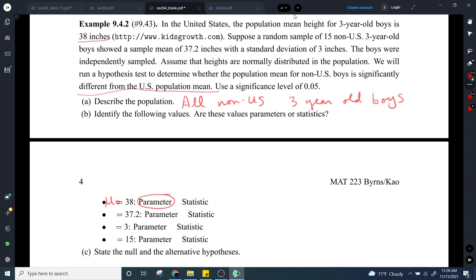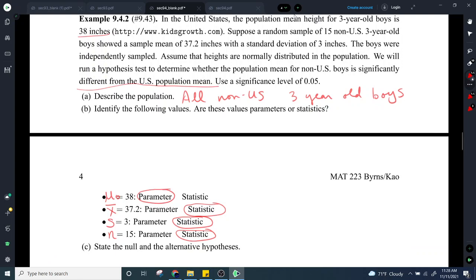We pulled a sample of 37.2, so that's our x bar. Sample mean is 37.2, which is a statistic. The sample standard deviation was 3, so that would be s, which is also a statistic. And then our sample size was 15, so n is 15, which of course would also be a statistic.